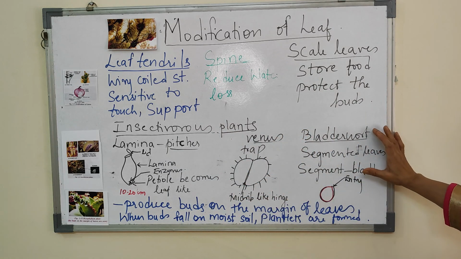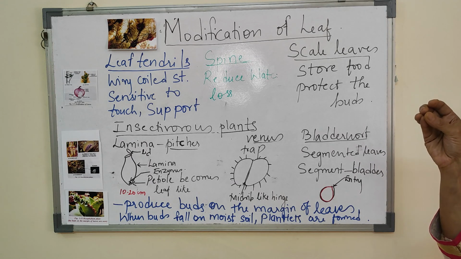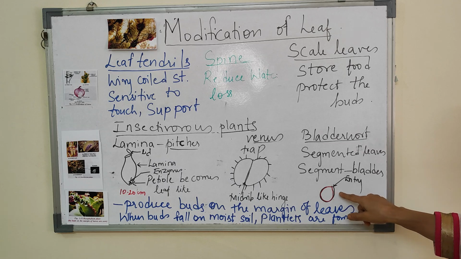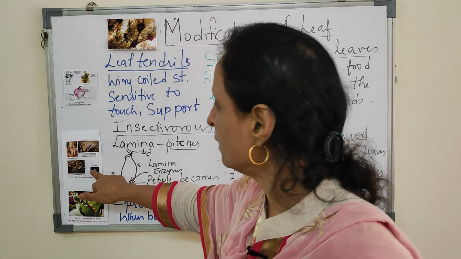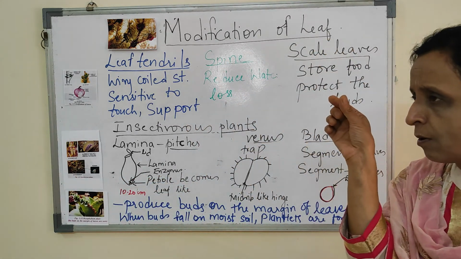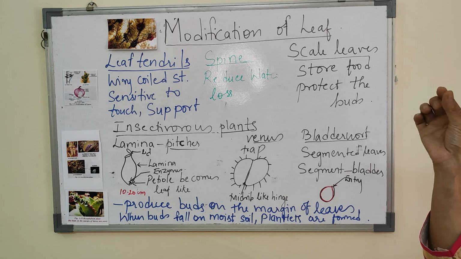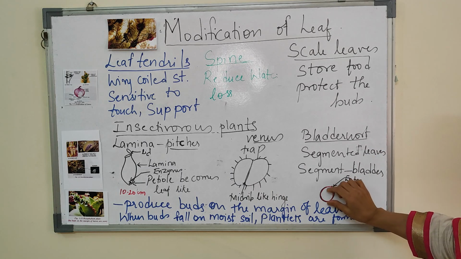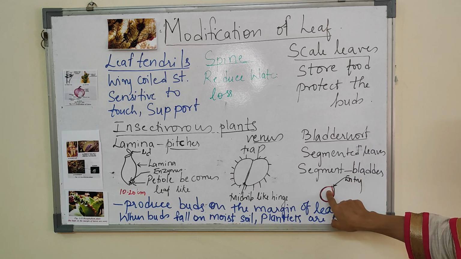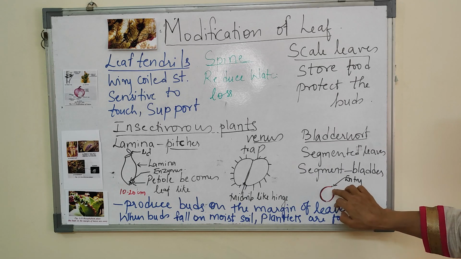Then similarly there is bladderwort. Bladder means a small bag-like structure. Here there are many ribs which are present, and the segments will develop into a small bag-like structure. Each rib will be converted into a small bag-like structure. So that is bladderwort, that is a small bag. Now this bag has an entry point. As the insect enters, there is an entry point, but there is no exit.